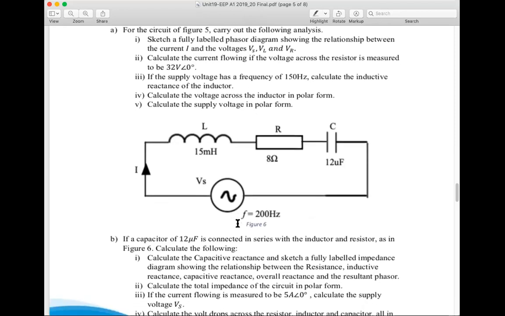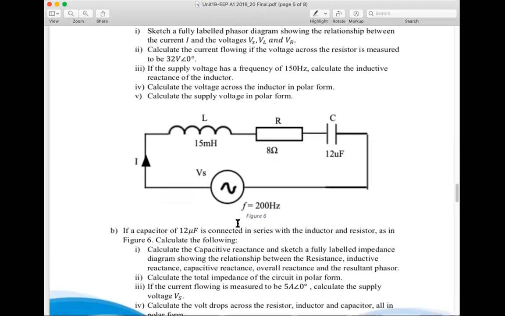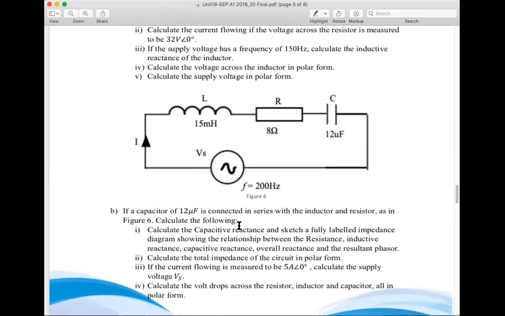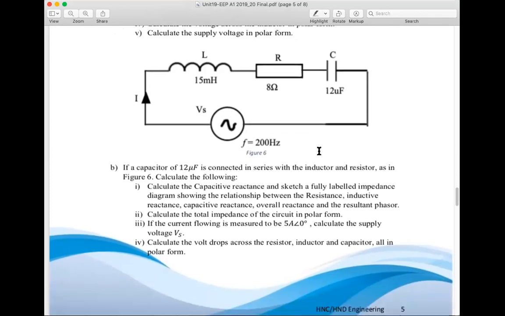Then we're adding a capacitor to this circuit. So we've got the same inductor, same resistor, and a 12 microfarad capacitor. Any questions about part B? No?